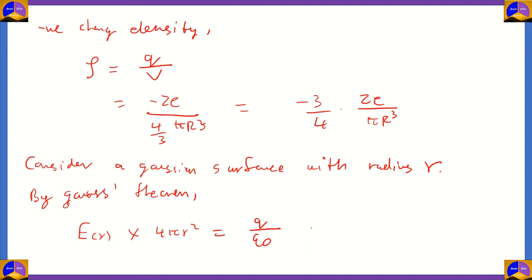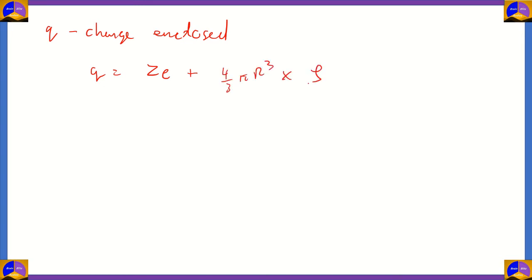And in order to find out the charge, this is basically the charge enclosed. So that means it contains both the positive as well as the negative charge. The positive charge is Ze, and the negative charge here is basically the volume of the sphere enclosed within the Gaussian surface times the negative charge density, so 4 by 3 pi r cubed times rho.